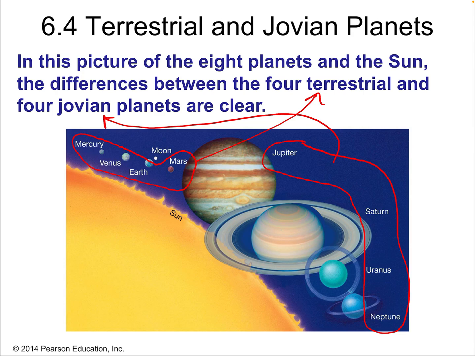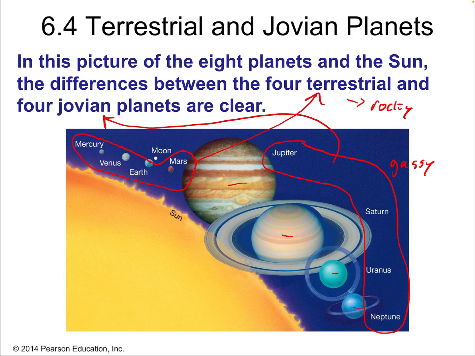But these 4 are the terrestrial planets. By terrestrial we mean rocky, and by Jovian we mean gassy, or gaseous. So that's the big difference. The Jovian planets are the gas giants because, look, they are giant. This is to scale.